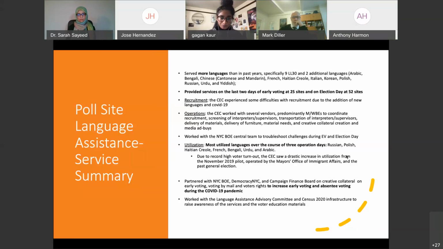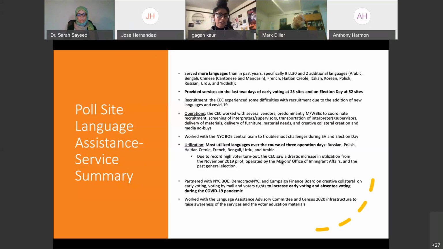The other piece in terms of operations, navigating and managing this number of vendors, wasn't necessarily challenging, but it's something we had to be very organized around.